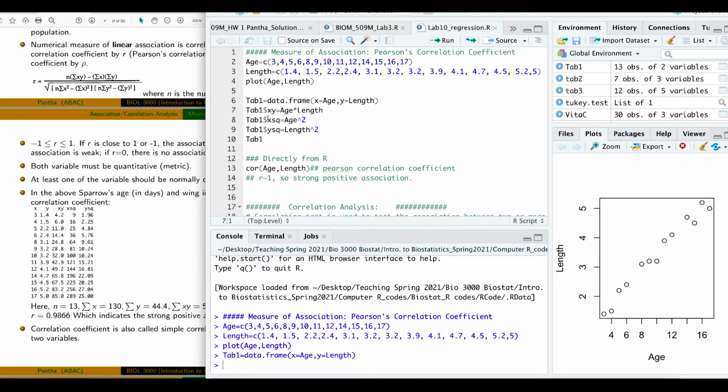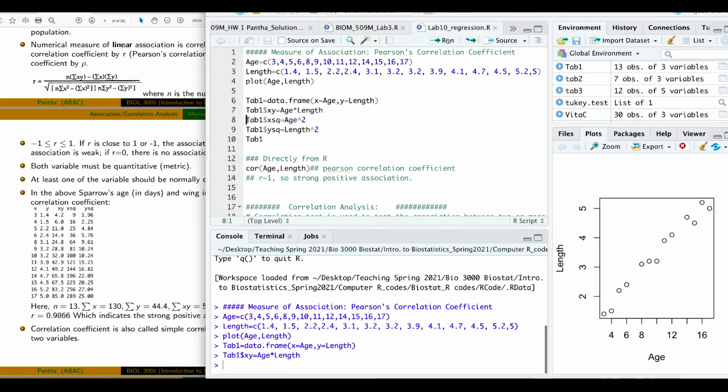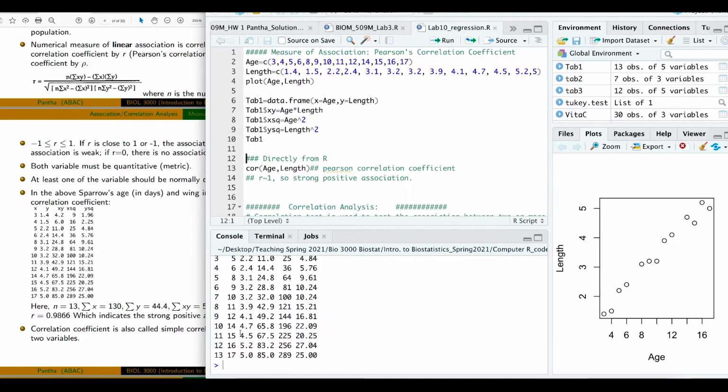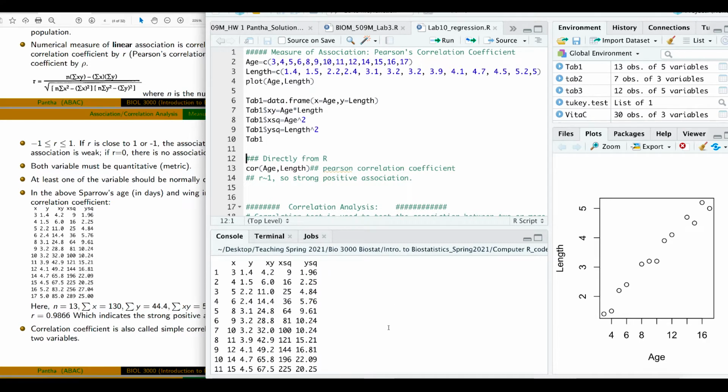The next column I am creating in table 1 is x times y, which is age times length. Similarly, table 1 x squared is age squared, and table 1 y squared will be length squared. Let me run all those and then see table 1. This is exactly what I got, the same thing here.